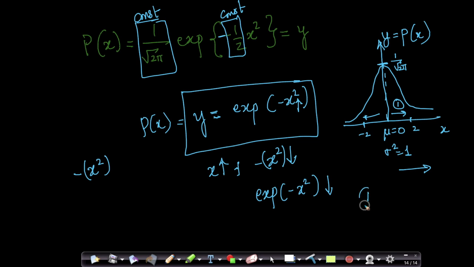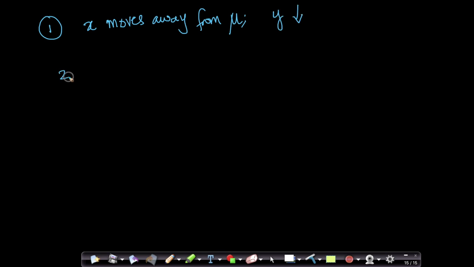Let me write the conclusions here one by one carefully. The first conclusion in your Gaussian distribution is that as x moves away from mu, your y reduces. Second, it is symmetric. This plot or this function that we just saw is symmetric.